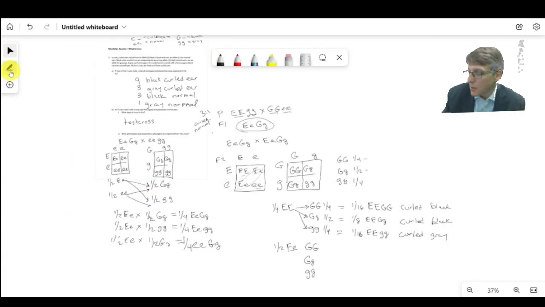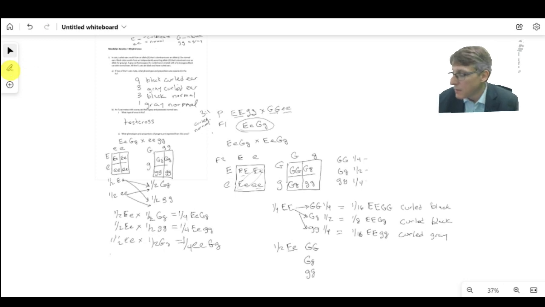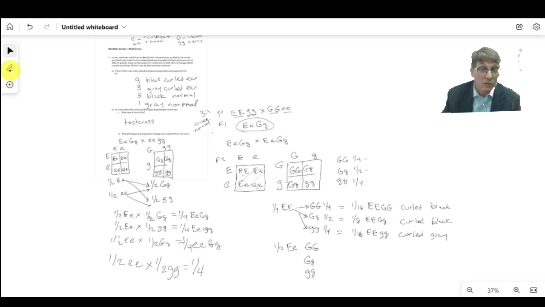We would do 1/2 little e cross with 1/2 little g, which would give us 1/4. So we have a 1 to 1 to 1 to 1 ratio, or 1/4 to 1/4 to 1/4 to 1/4 ratio. So a quarter of our offspring would have each of these genotypes.